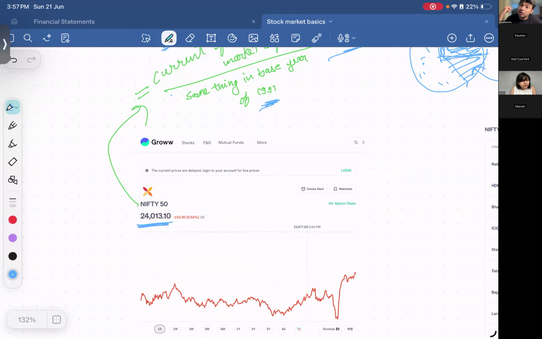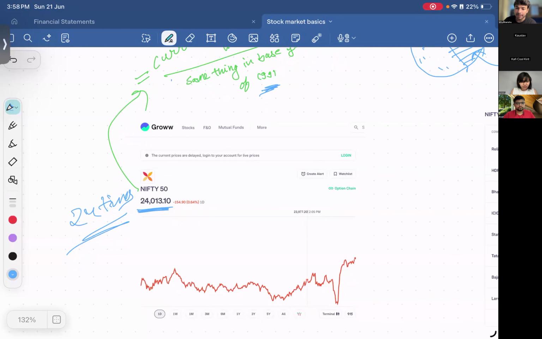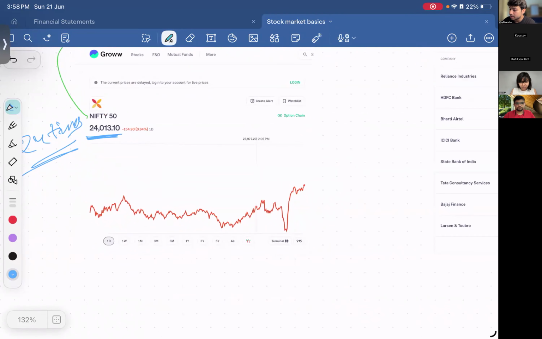It tells me that compared to the market cap of the top 50 companies in 1991, India's top 50 companies now have 24 times that much market cap. That is how much we've grown in the public markets. I'll say that again: compared to 1991's top 50 company market cap, if Nifty 50 is 24,000, we have grown by 24 times in free float market cap. As this number goes up and down, that is the trend line.